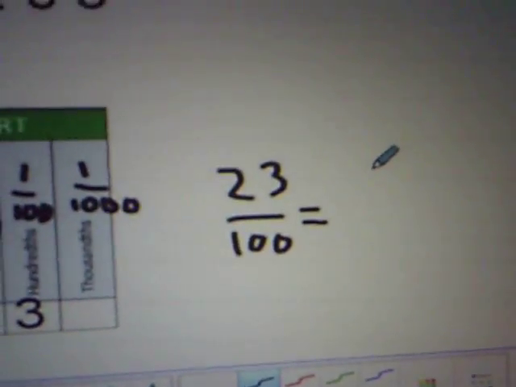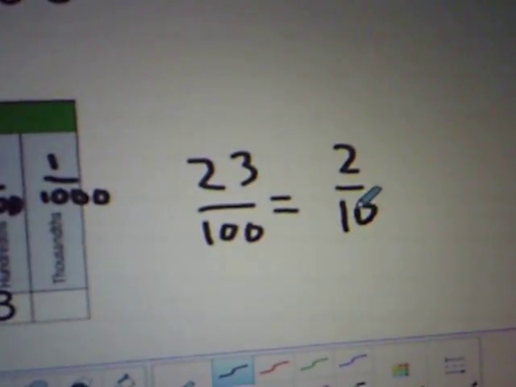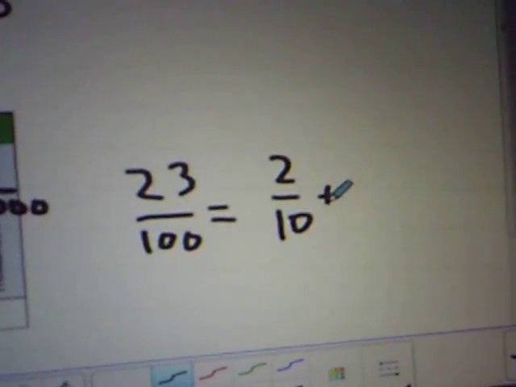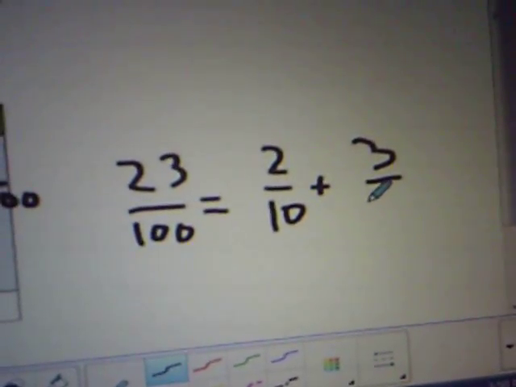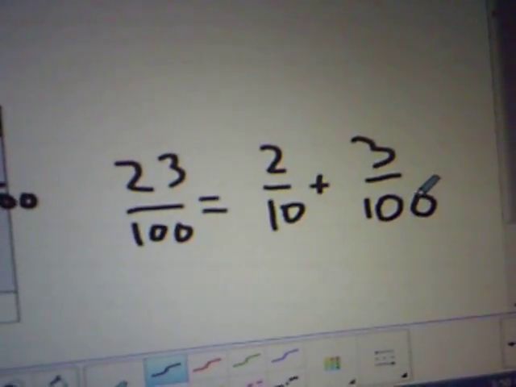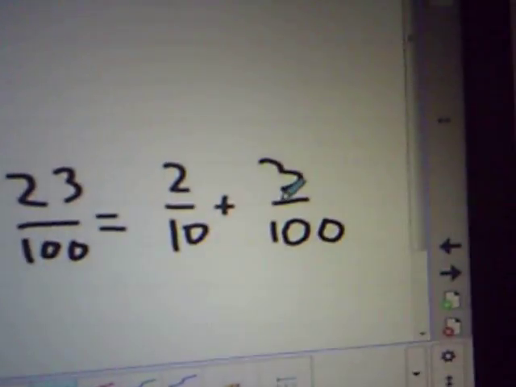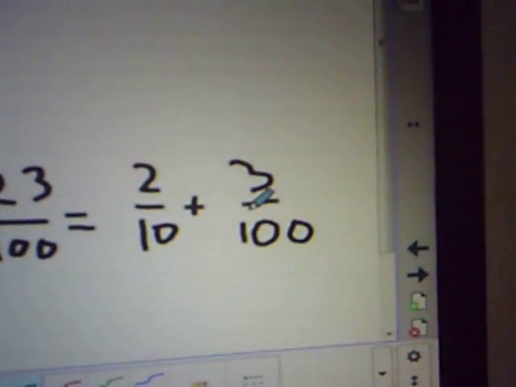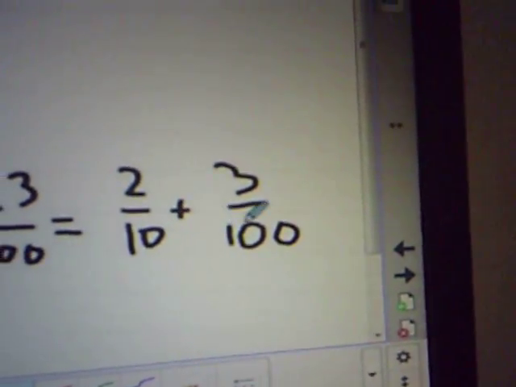So this could be written as 2/10 plus 3/100ths. That's a terrible looking 3, but it's a 3. So 2/10 plus 3/100ths, if you add these together, and I'll do a separate video on fraction addition.